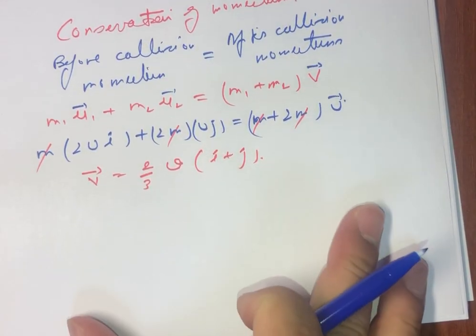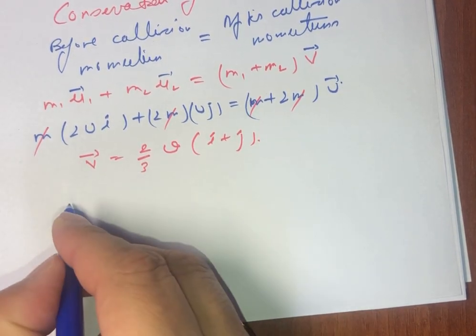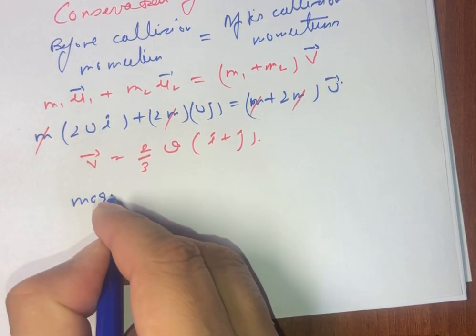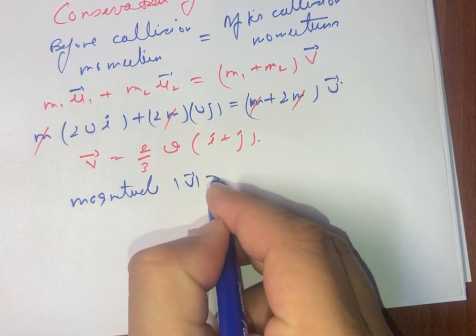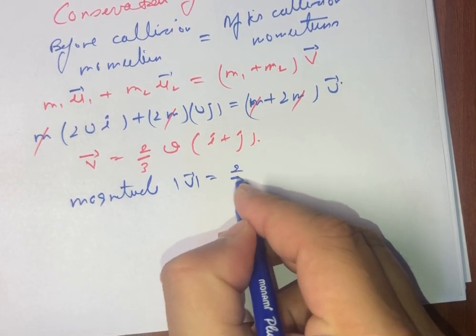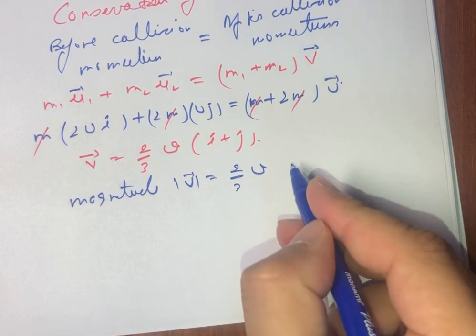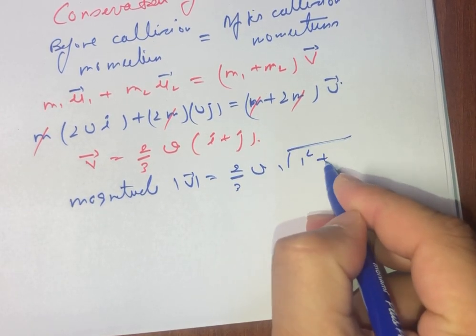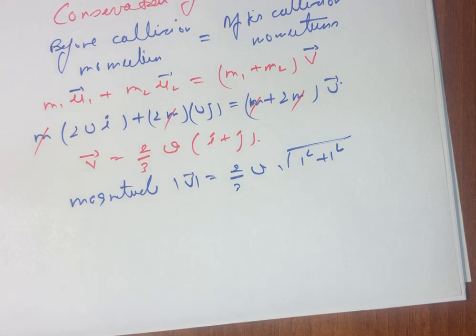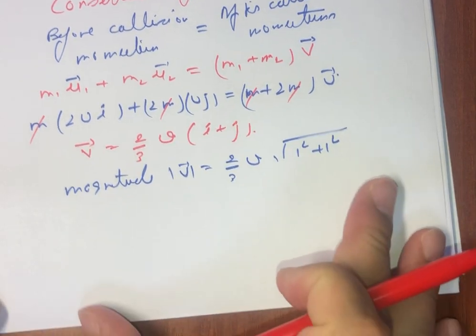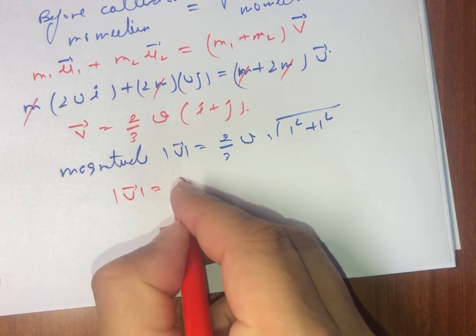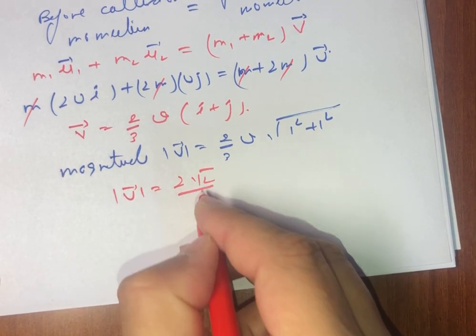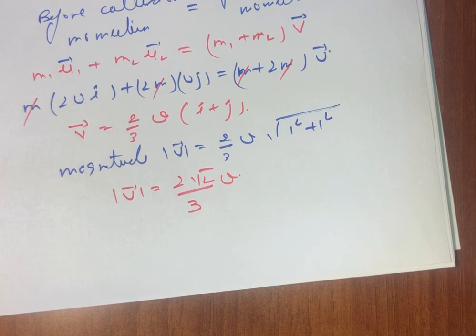From here we can find out magnitude. Magnitude is equal to 2 by 3 v root of 1 square plus 1 square, and V is equal to 2 root 2 divided by 3 v.